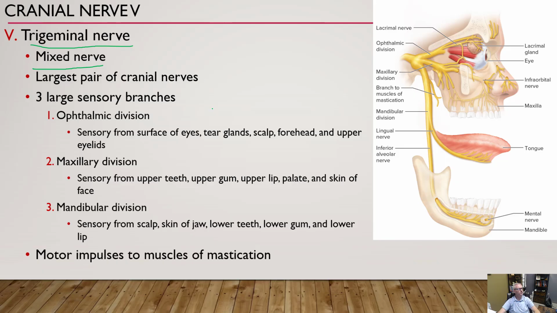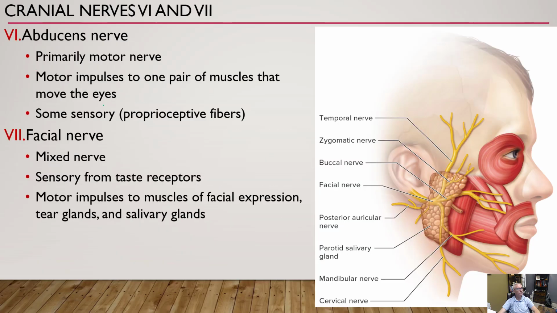You don't have to know all of these divisions. Muscles of mastication. Mastication just means to chew, so a lot of your chewing muscles. Cranial nerve number 6, abducens, primarily motor. Eye movement. Facial nerve, cranial nerve number 7. It's a mixed nerve.